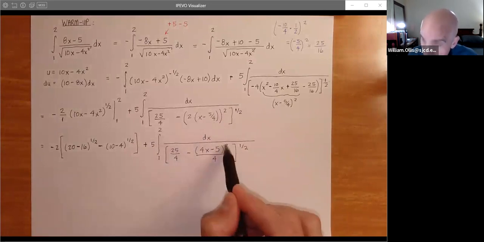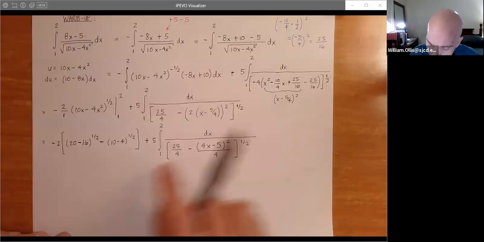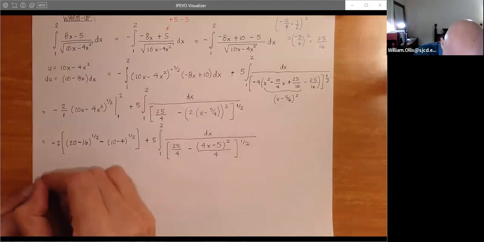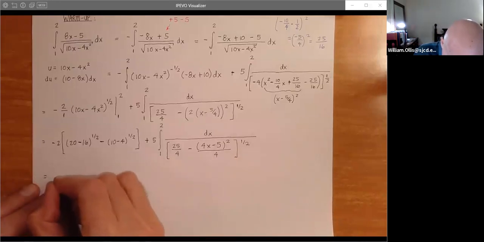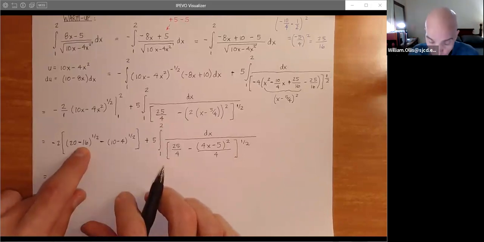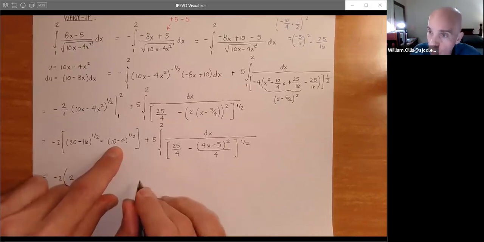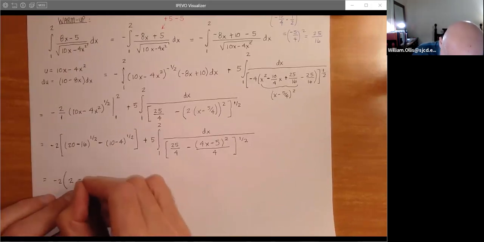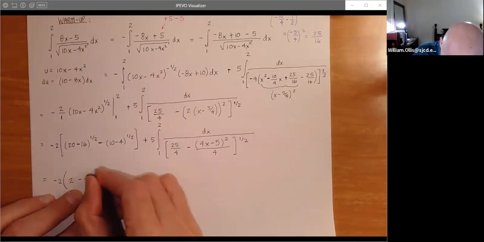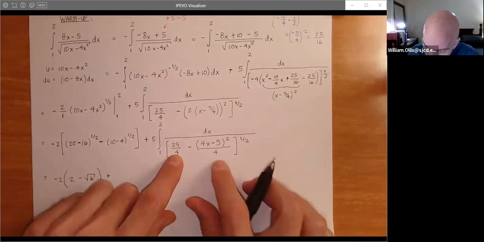And so we can remove that from the square and see, this is kind of like doing the derivations we did the first day. So now we can clean this up and be on the road to the finish line. So minus 2. Of course, here we have the square root of 4, which is 2. And here we have the square root of 6. Now we've got plus. Notice we have a 1/4 in all of this.